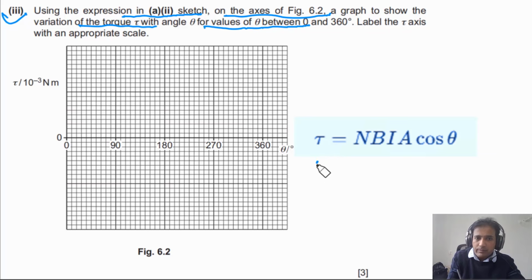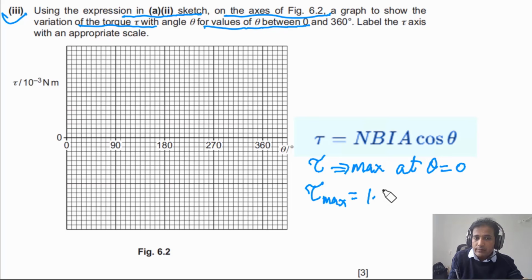Tau will be maximum when theta is equal to 0. So what is the maximum value of tau? In the last part we found tau is equal to 1.6 times 10 to minus 3 cosine of theta. When theta is 0, cosine of 0 is equal to 1, so this is the maximum value of tau.